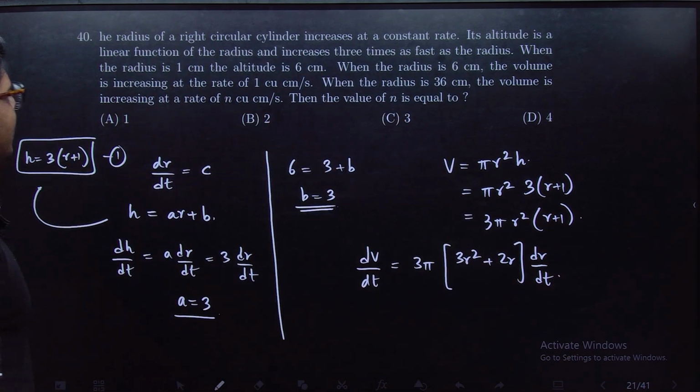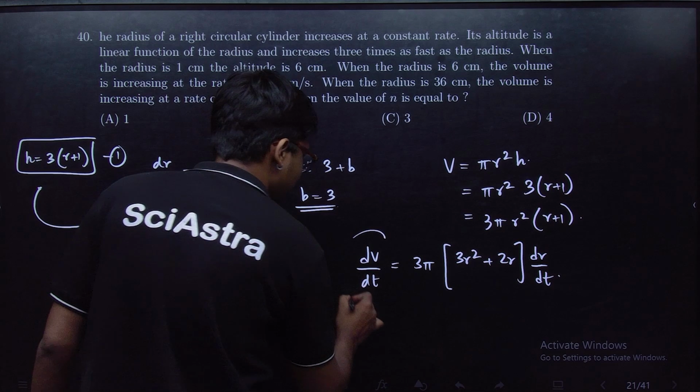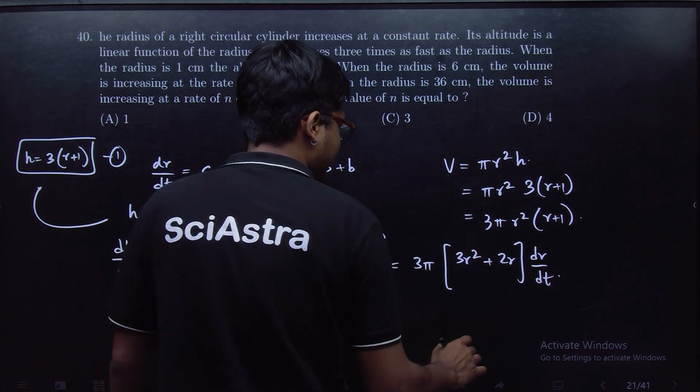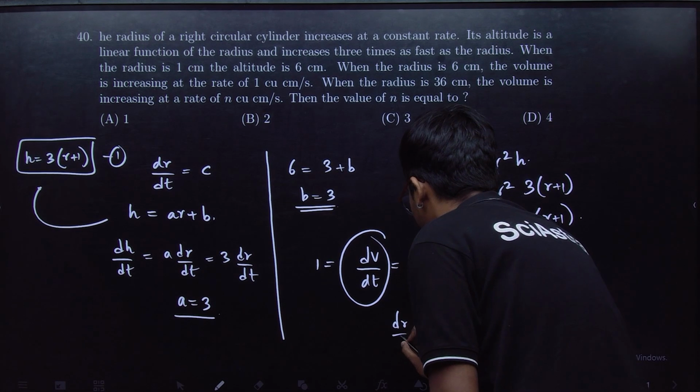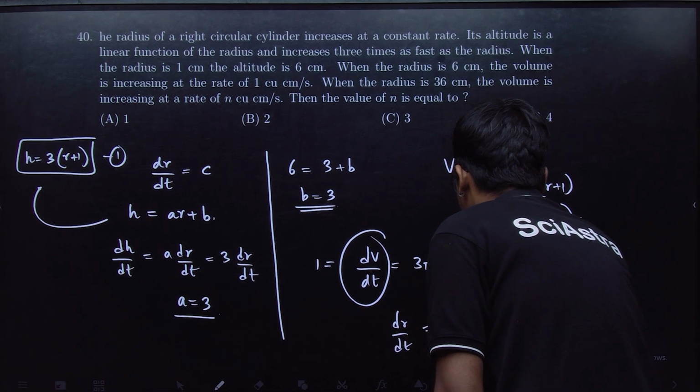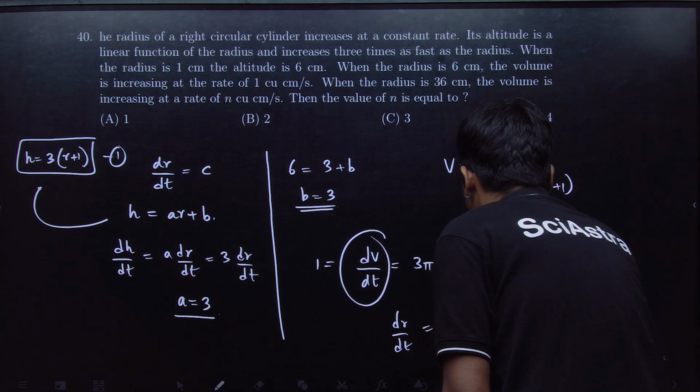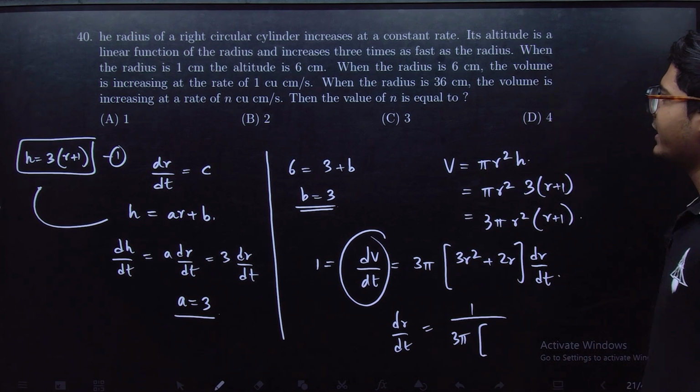Now it's given that when the radius is 6 centimeters, the volume is increasing at the rate of 1 cubic centimeter per second, right? So from here, this is 1. So I can find out what is dr by dt. So dr by dt just turns out to be 1 by 3 pi times 3r square plus 2r, right? R was 6, right?